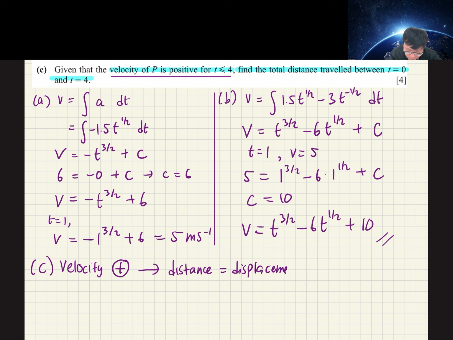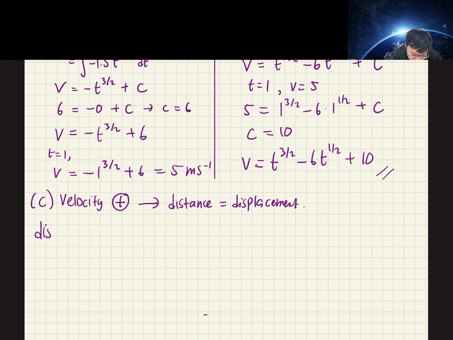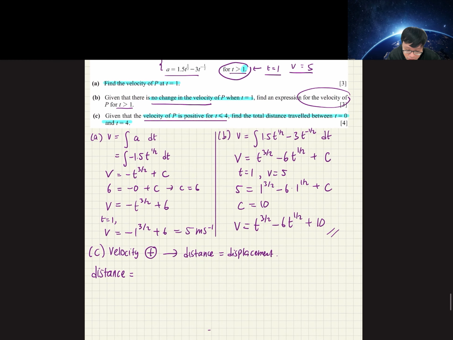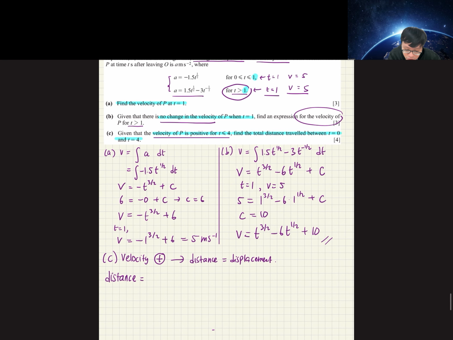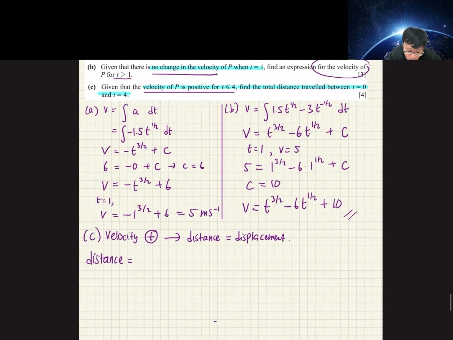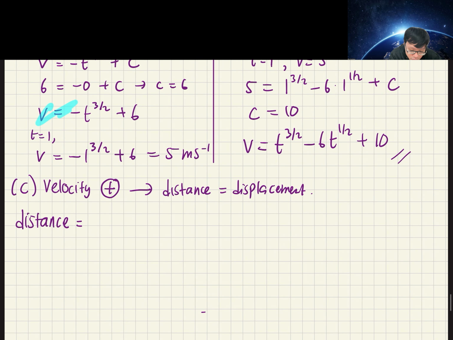This is very important because we can use integral to solve the displacement. So the distance is just the integral of the velocity. But we have two velocities. Which one do we use? From 0 to 1, we use the first velocity equation, which is this one.